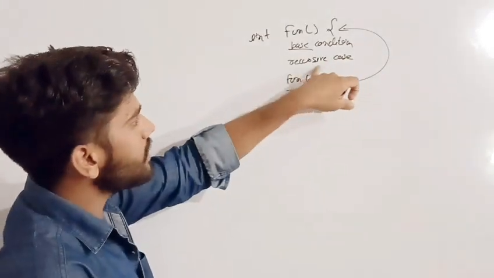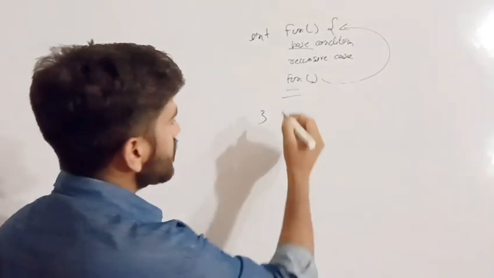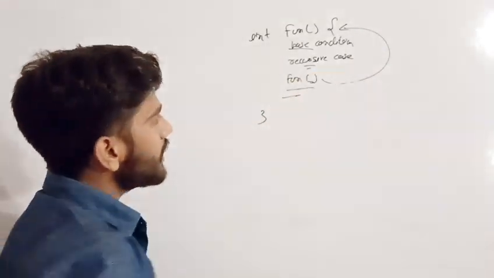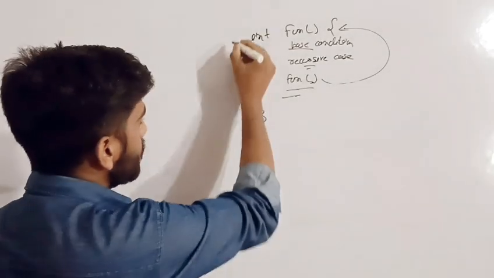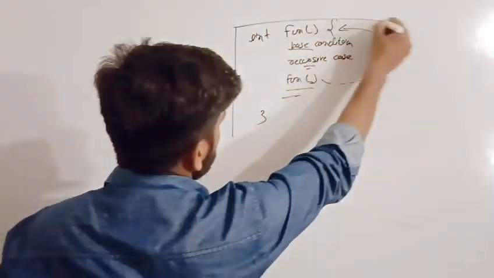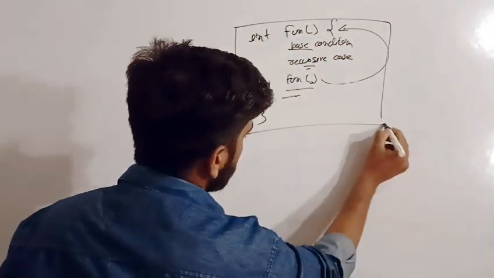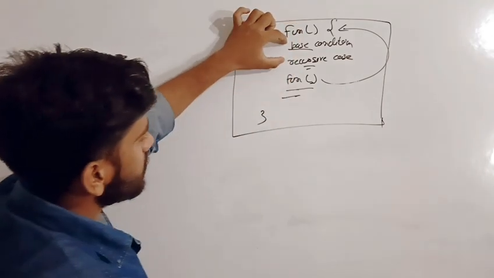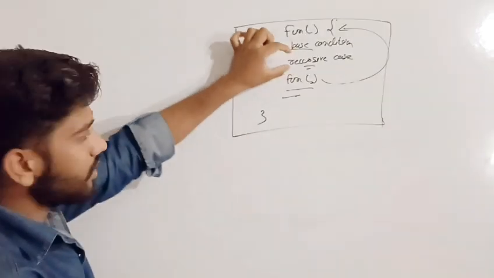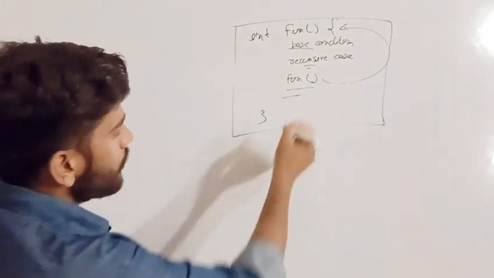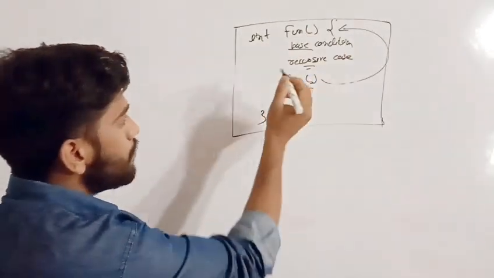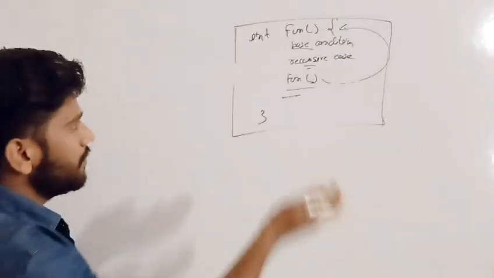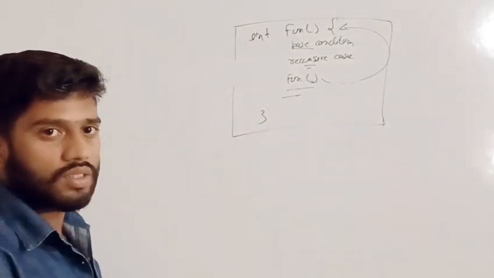After this case, if there is any statement, we can implement it. So the basic things are the return type, function name, base condition, recursive case, and the function calling itself. If the base condition is met, we come out of the recursion.